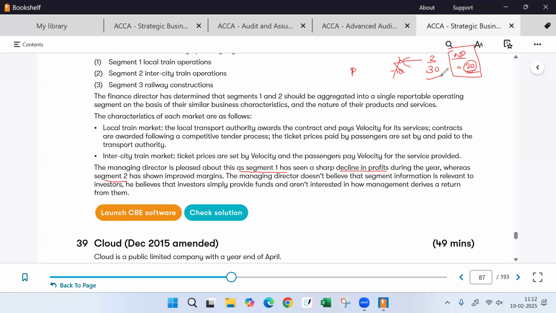Yes, definitely yes. So the managing director believes that this information could be combined, which is not appropriate. Because if you combine this information, the fall in profit of one segment will be compensated by the other segment, and we will continue to invest in a segment which is not giving us enough profits. The fact that the managing director wants to combine this information is a bit alarming.